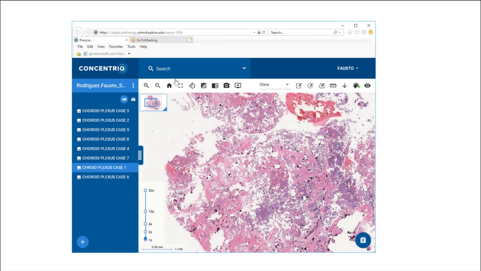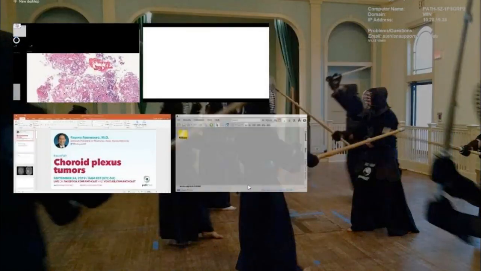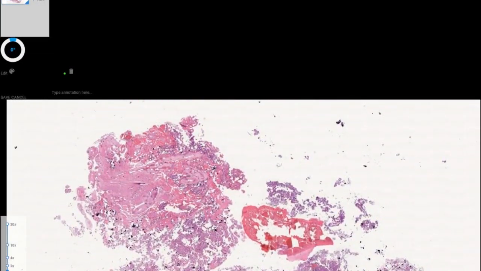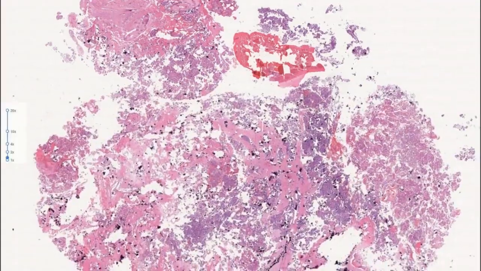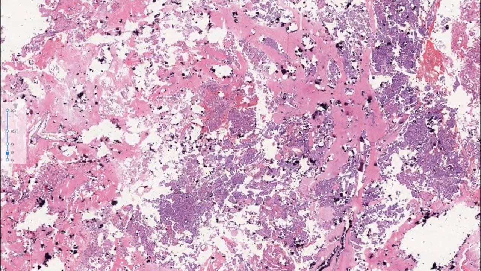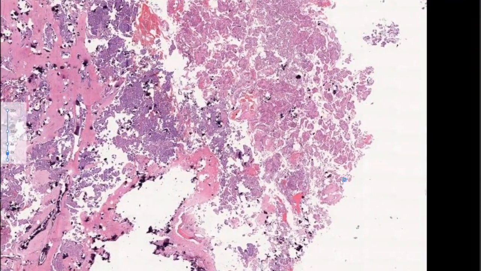This is case number 1. And you see a lesion at low power that's very calcified. We're going to be moving around.